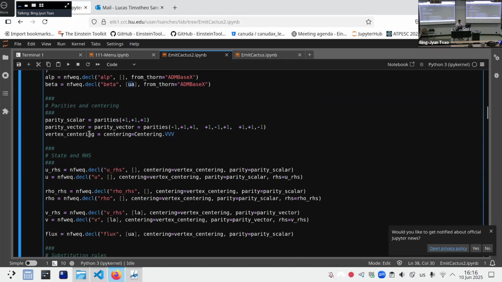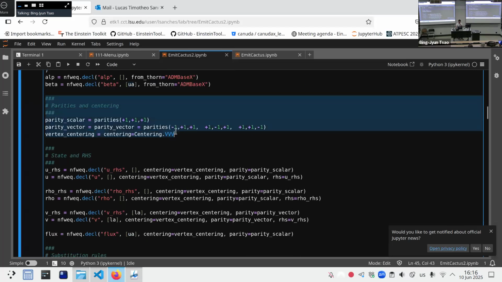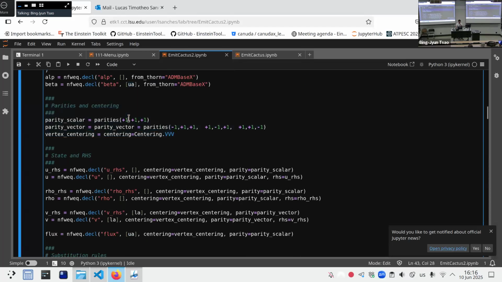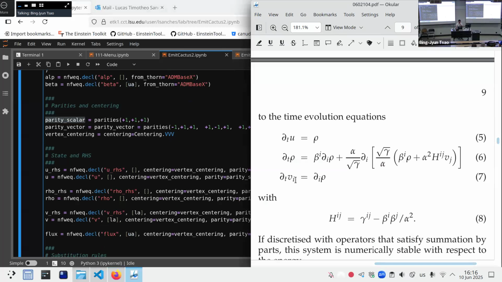Next, we are not really using this, but I decided to do it anyways. So if we ever want to add symmetries to our parameter files, right, this is going to be needed. Declaring parities. So we have both scalars and vectors in our code that are going to be evolved variables. So if we go back to our equation, v is a vector, and all the other quantities are scalars.